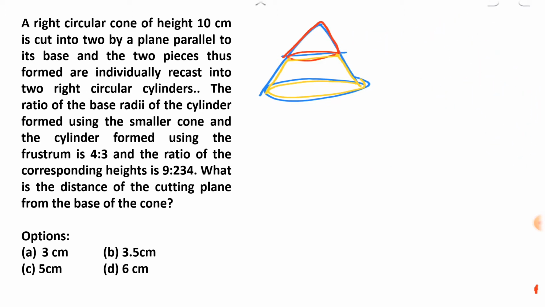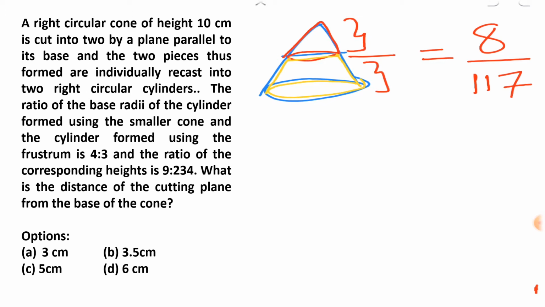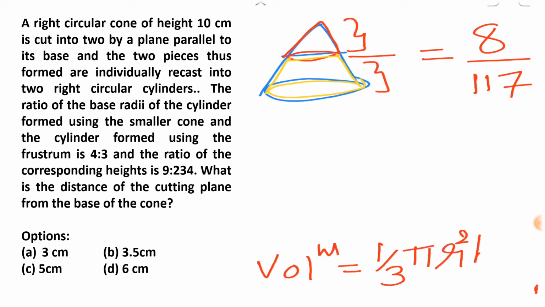That is, I've got the ratio of the volume of this to this, which was equal to 8 is to 117. And we can easily now interpret further: the volume of any cone is equal to 1/3 pi r squared h. This is the volume of any cone, right?